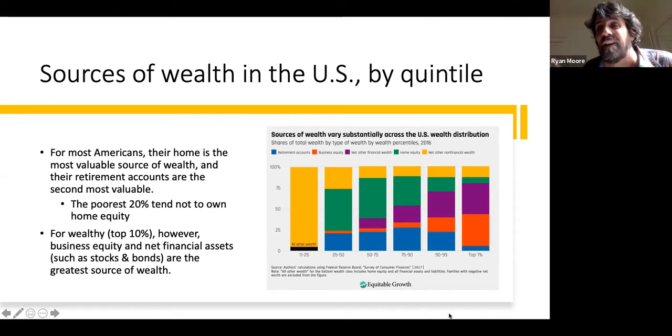But that doesn't even get on the radar in terms of their total overall portfolio of what they own. So basically, the richer they are, the more their wealth tends to be rooted in business equity and net financial wealth.